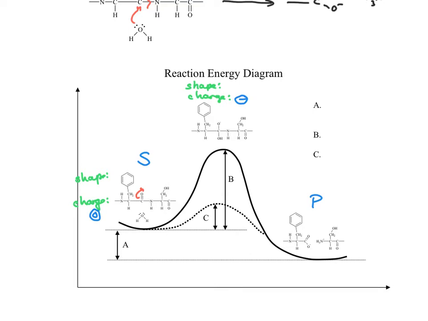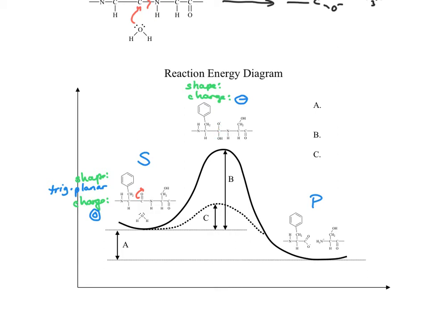There's also a difference in shape. Down here we have standard carbonyl, and that's trigonal planar. So let's make a note of that. Trigonal planar. Up here, it's hard to see. It's not shown very well in 2 dimensions, but this carbon now has 4 groups around it.